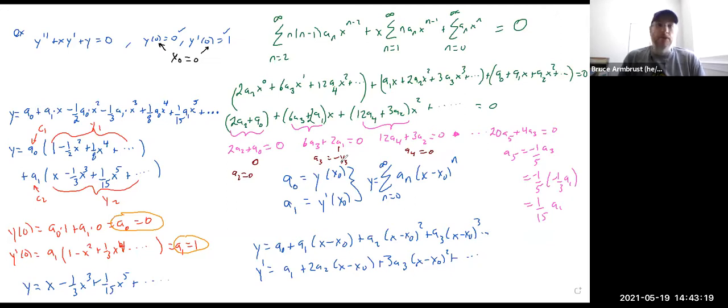Maybe one's only even powers, maybe one's only odd powers, or maybe it goes x to the 4th, x to the 7th, x to the 10th. Who knows? It could even have all the powers of x, and that's going to be entirely determined by the original differential equation. There probably are patterns, but I'll be honest with you, I've not done enough of these to have spotted patterns, like if we always have an x times our y prime, we get whatever form. They may exist, but I haven't filed those away in my brain yet.